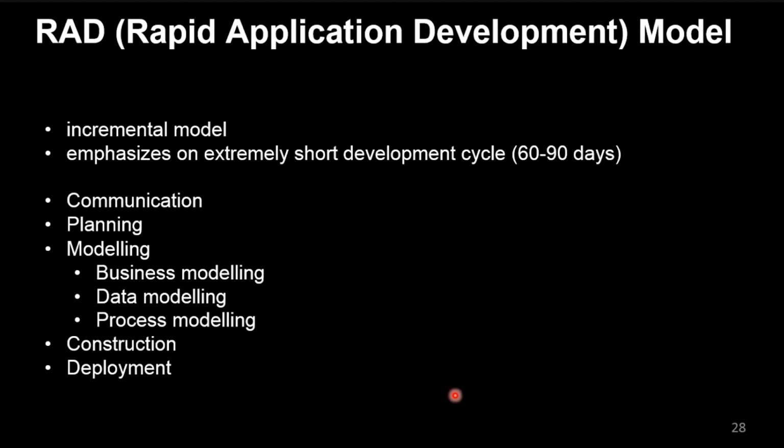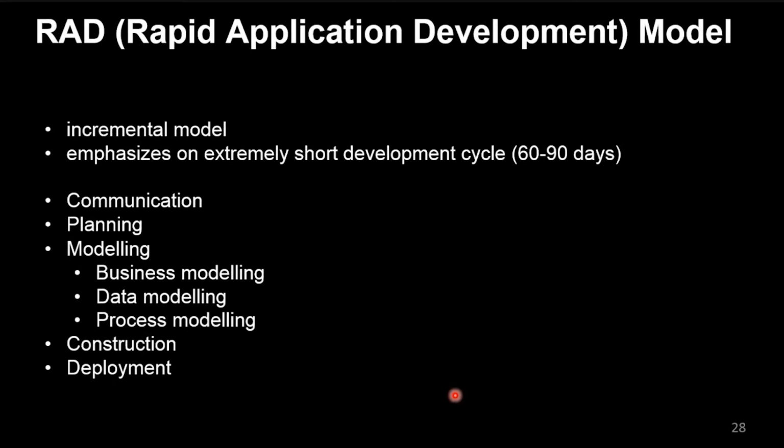If you want to develop a product within these 60 to 90 days, it's better to go for the RAD model for implementing the project, all those steps of communication, planning, modeling, construction, deployment, whatever SDLC phases we have.